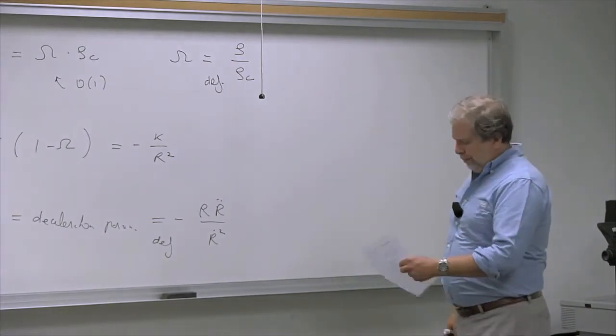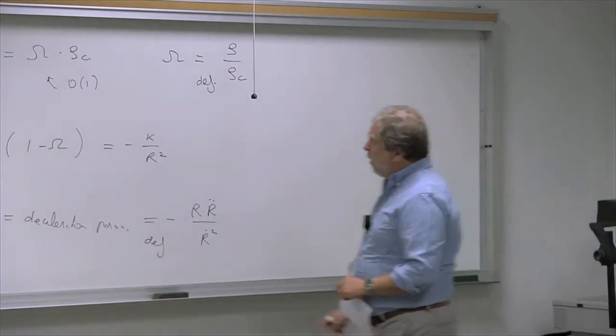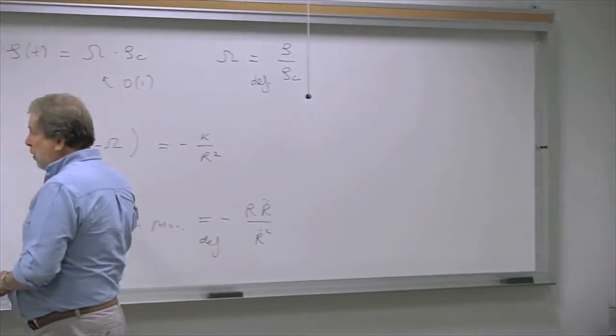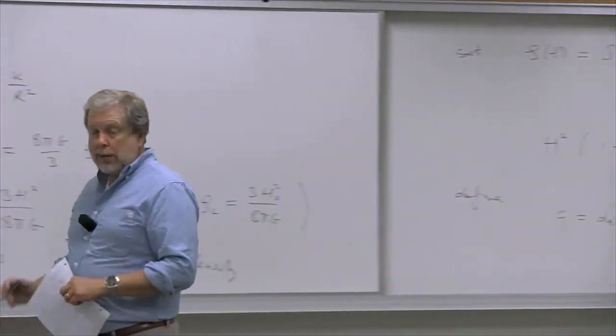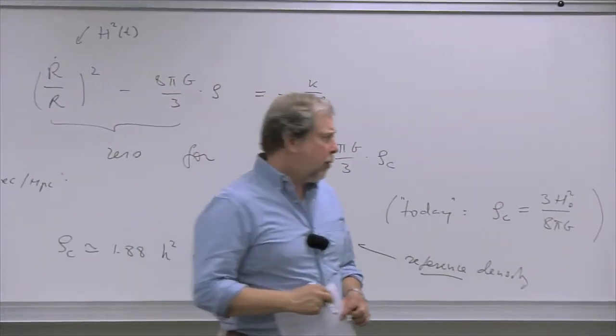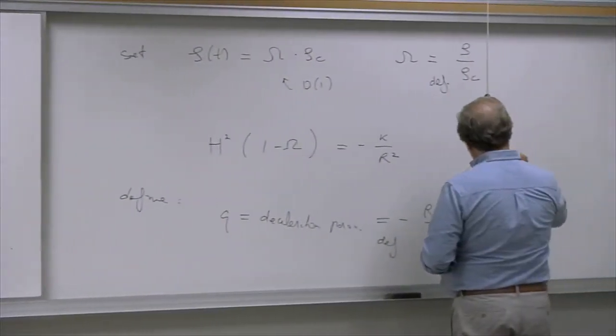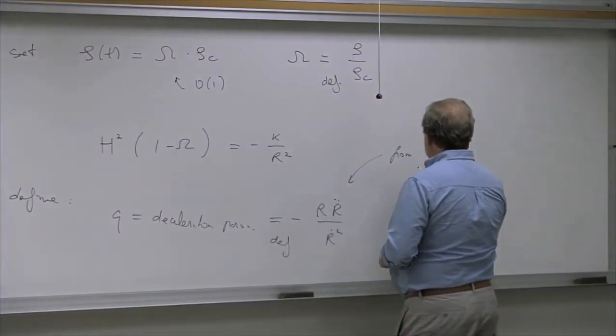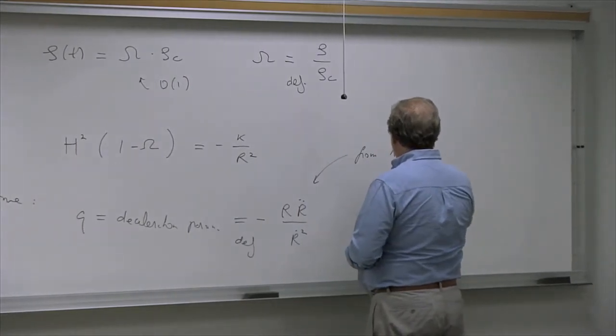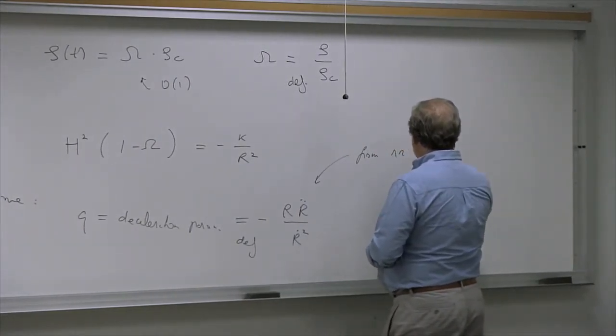And you can figure out what that is based on this equation, as well as the other equation that we had, which was equation number 2. So this was coming from the R R equation.